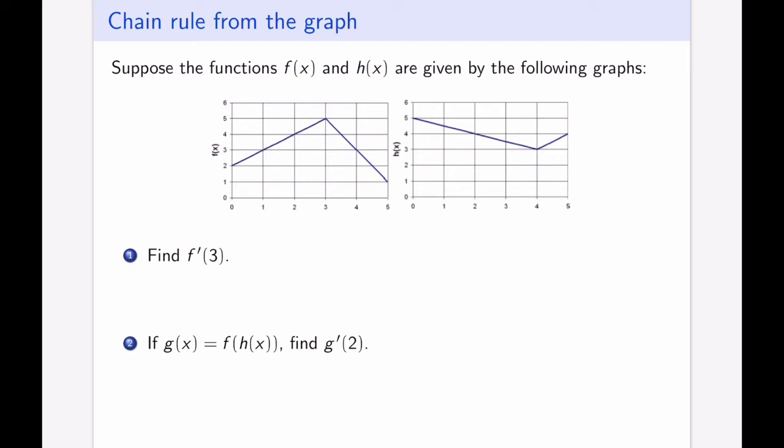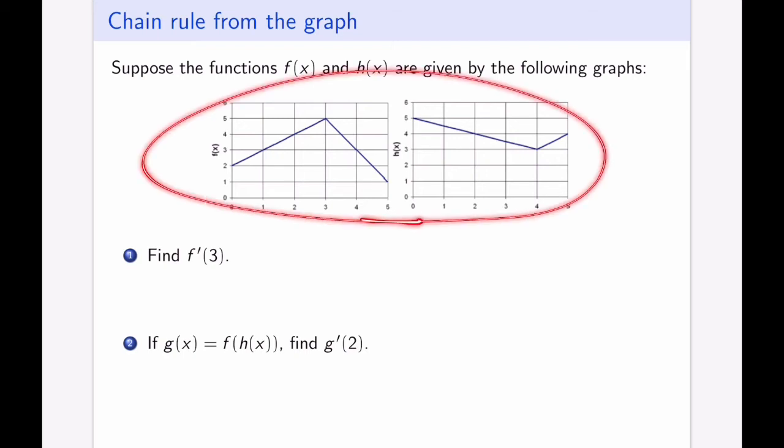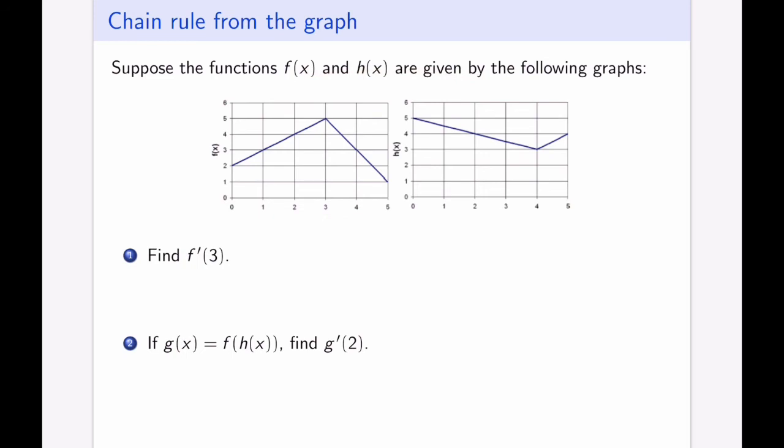But the idea here is if you are given a graph, then you will proceed through the solution of the question by using graphical information only and by interpreting the derivatives or finding out how to apply various differentiation rules by analyzing the graph. So first of all, we're asked for f prime at 3.